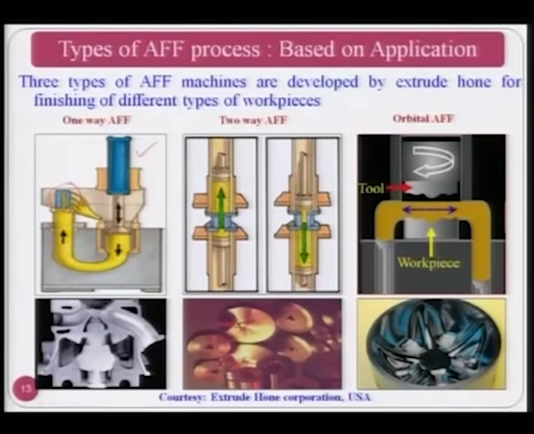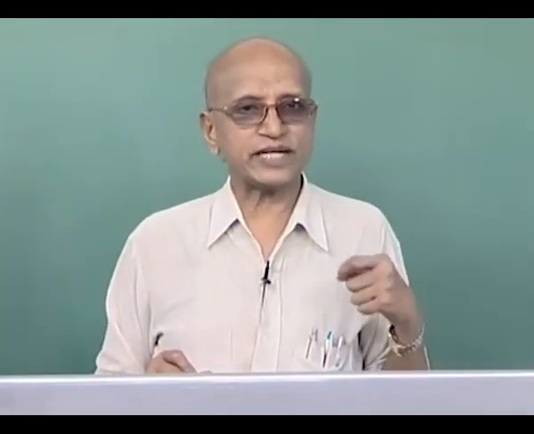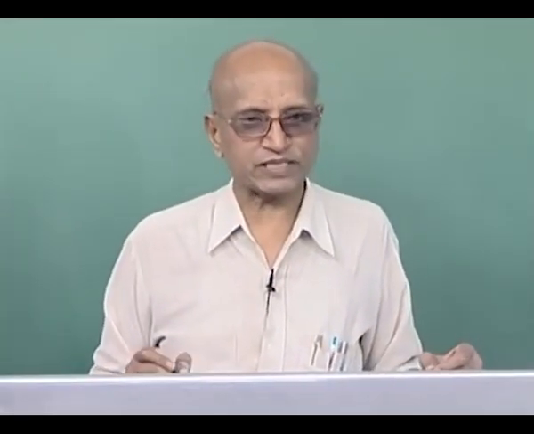Now you can see the yellow color is the medium. This medium is being pushed through those 1, 2, 3, 4, 5 cavities, and here is the piston which is pushing the medium. After this medium is pushed, it will come out through those cavities, and since the medium consists of fine abrasive particles, these fine abrasive particles will come in contact with the workpiece surface.